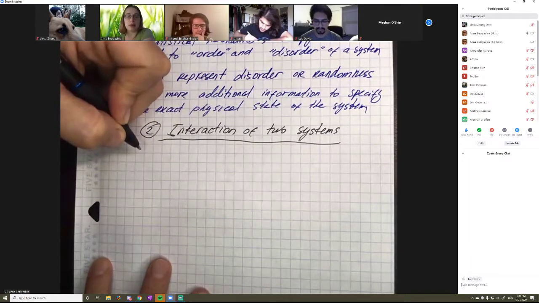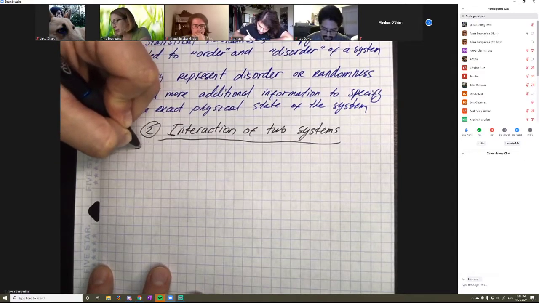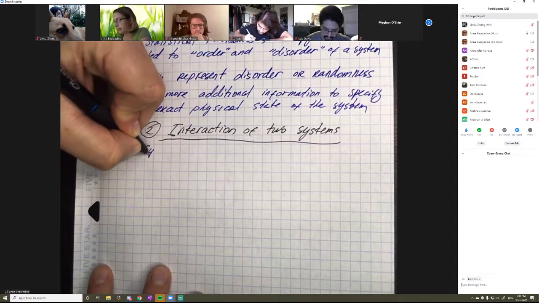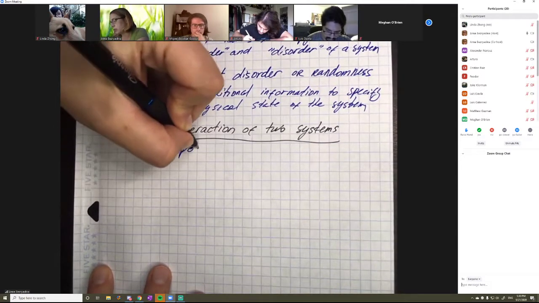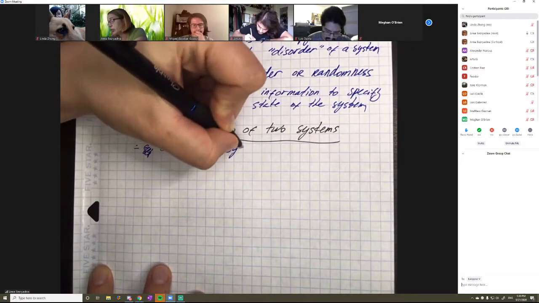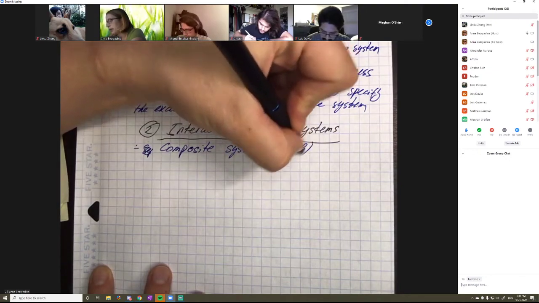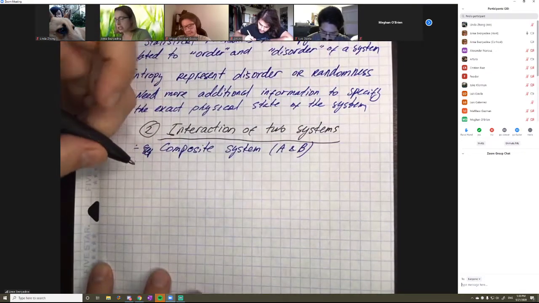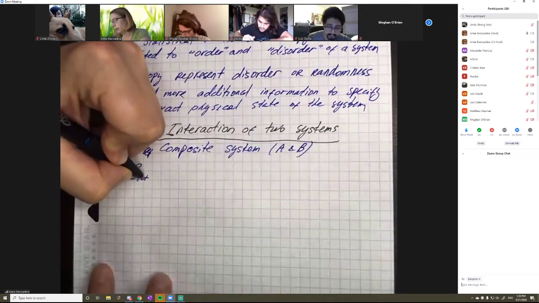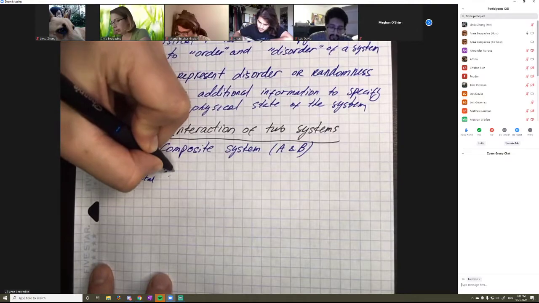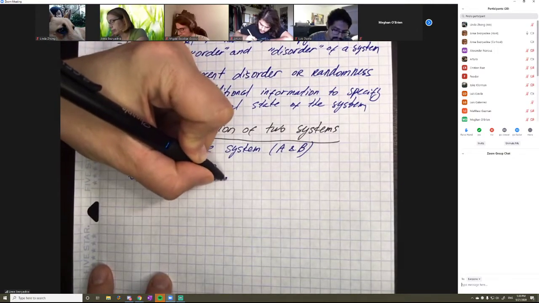So we have a system that consists of A and B. We have a composite system which has multiple parts, and let's call them A and B. In this case, let's look at what happens with its entropy. So total entropy is equal to k logarithm of total multiplicity.